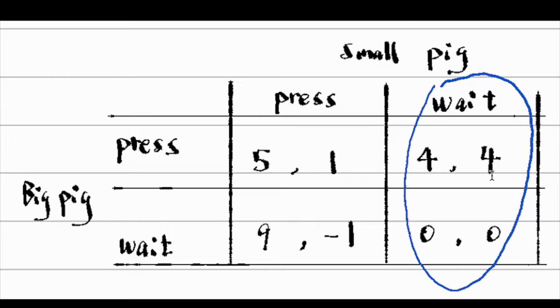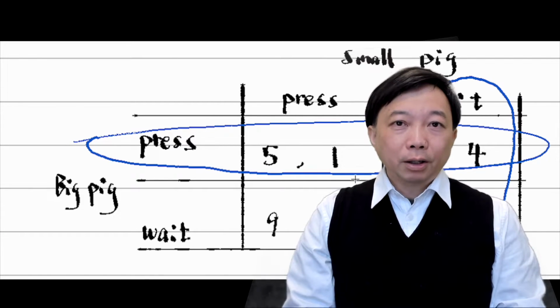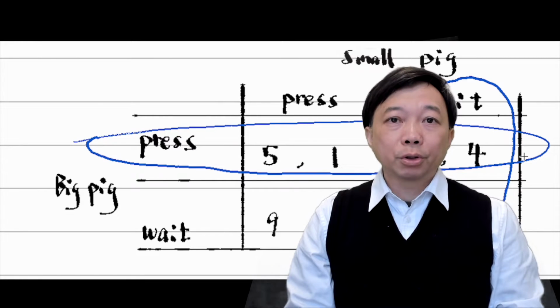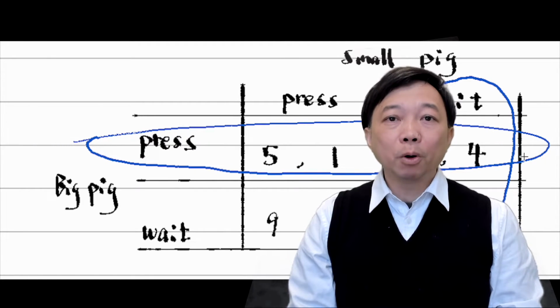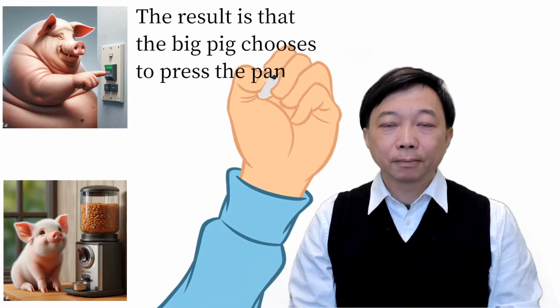Given that the small pig waits, it is a better choice for the big pig to press the panel because it gives her 4 units of utility instead of 0 if she also waits. So, the game's result is that the big pig chooses to press the panel and the small pig chooses to wait beside the food dispenser.